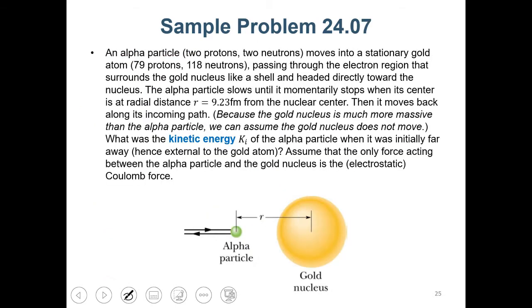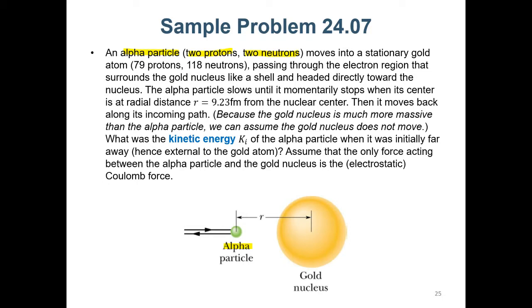Okay. So we have another one. So you can see not a moon, it is a gold nucleus. And this is an alpha particle. Alpha particle is 2 protons and 2 neutrons. So it should be somehow like a helium.